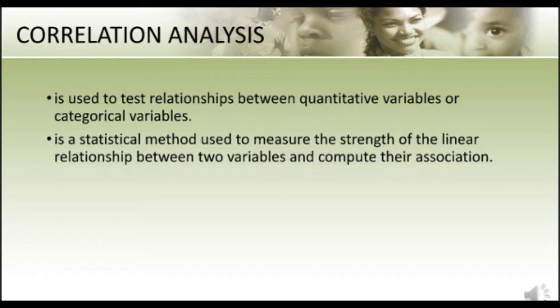Some examples of data that have a high correlation are your caloric intake and your height and weight, your eye color and your relatives' eye colors, and the amount of time you study and your GPA.